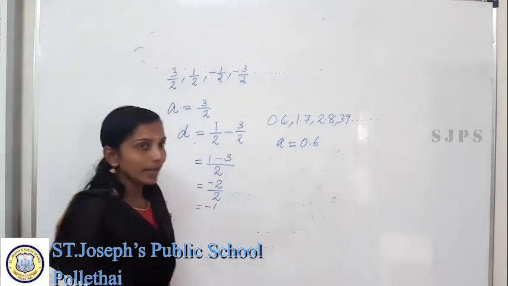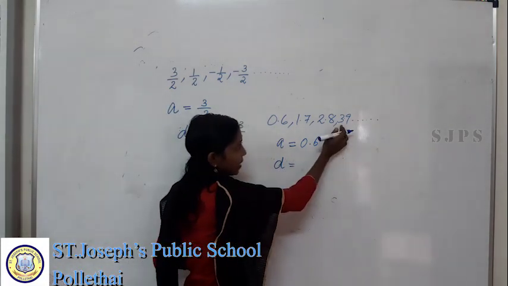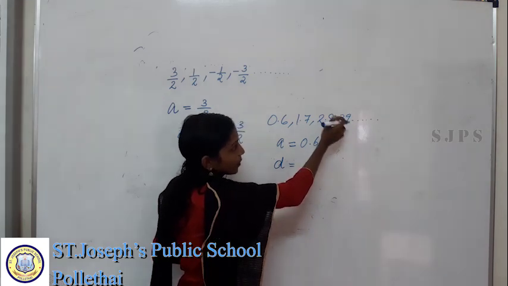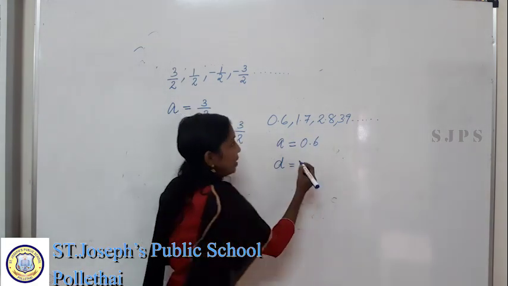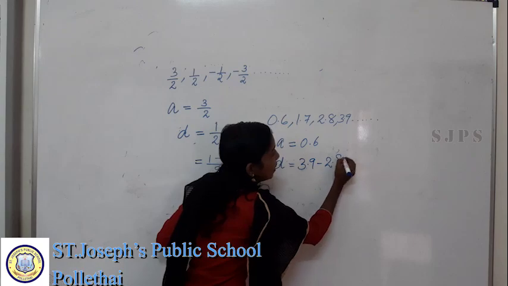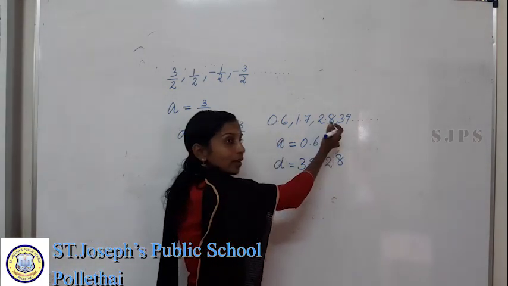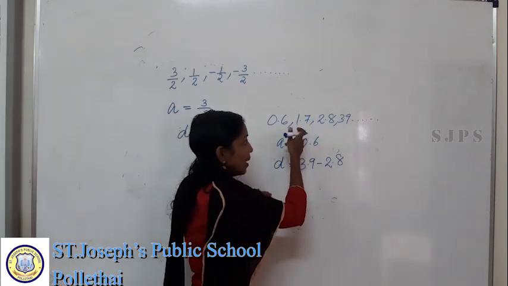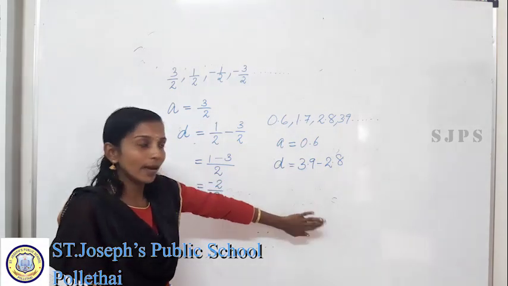And the common difference: we can subtract from A4 the A3, that is 3.9 minus 2.8. From A3 we can subtract A2, then also we get the same answer. From A2 we can subtract A1, here also we get the same answer.